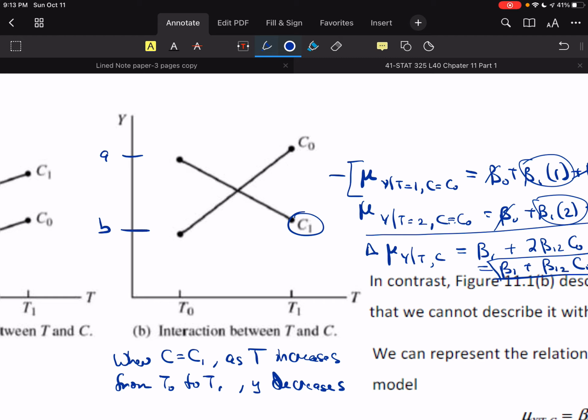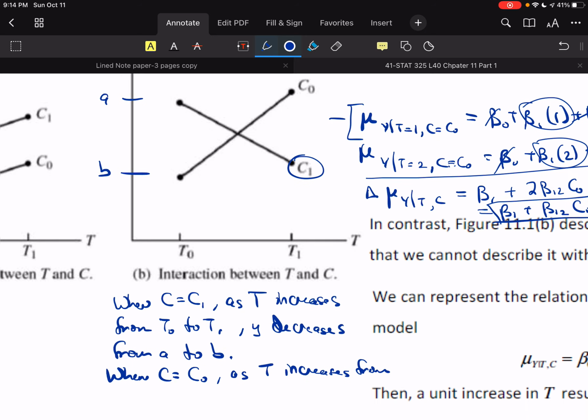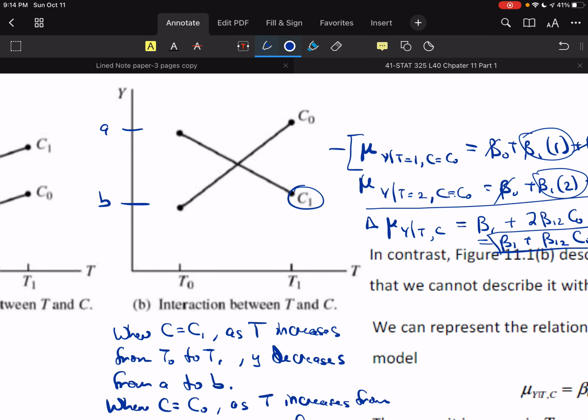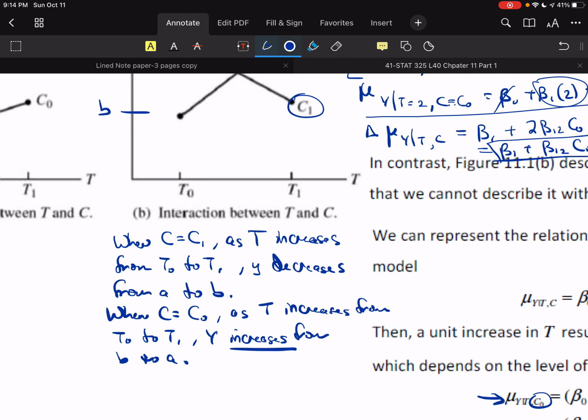We'll call this A, we'll call this B. Y decreases from A to B. When c equals c0, as t increases from t0 to t1, y increases from B to A, assuming that these are on the same level. And I know they're not, but we'll pretend for right now. So this increases, this decreases.